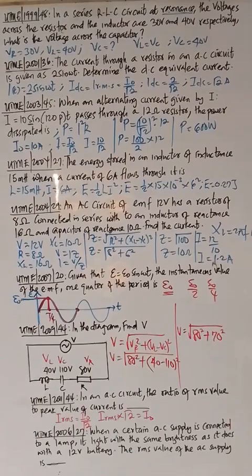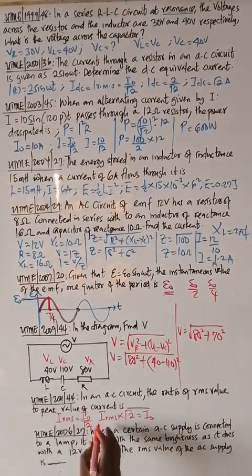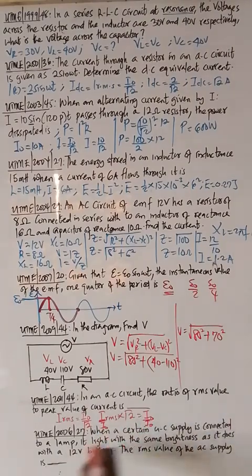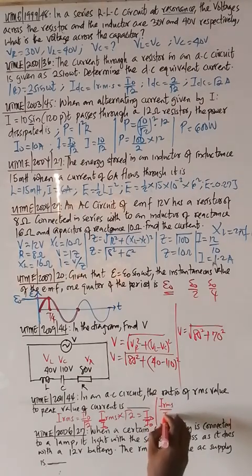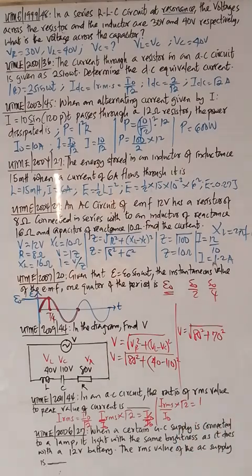What we desire is the ratio of IRMS to I peak, so divide by I peak. This cancels, and this times root 2 equals 1. To get this one, we divide by root 2 over root 2. Cancel. The answer is 1 over root 2. If we rationalize, we get root 2 over 2.